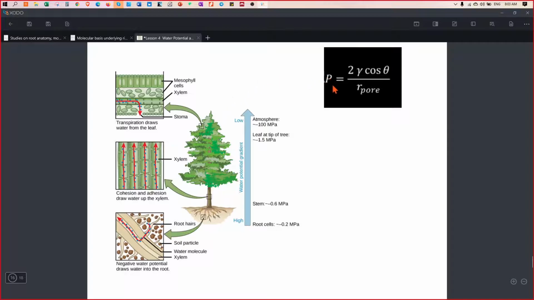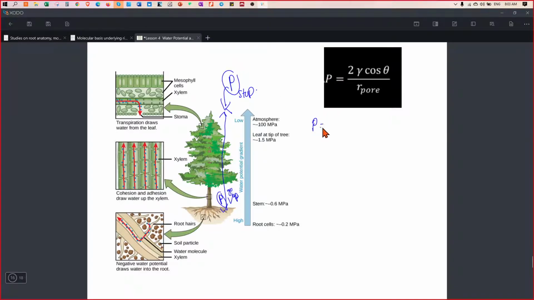And this pressure is similar to the pressure needed to bring the water upward, from the bottom to the top. Whatever pressure is needed to counter this should be similar. So there is a formula to calculate this, and this is the formula.